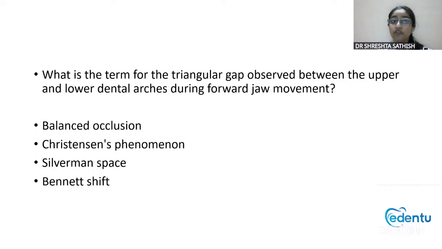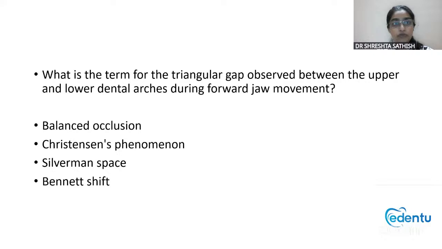According to the definition, it is bilateral, that is on both sides, simultaneous, at the same time. So there is contact on both sides at the same time in the antero-posterior direction, that is in the anteriors and in the posteriors, in centric and eccentric position, that is when in centric occlusion and when in eccentric position.